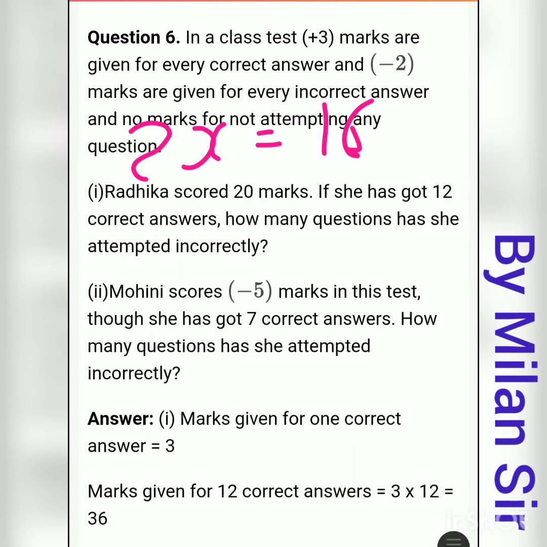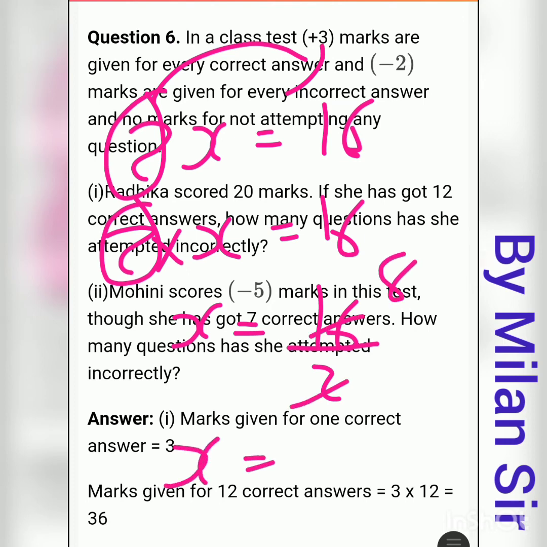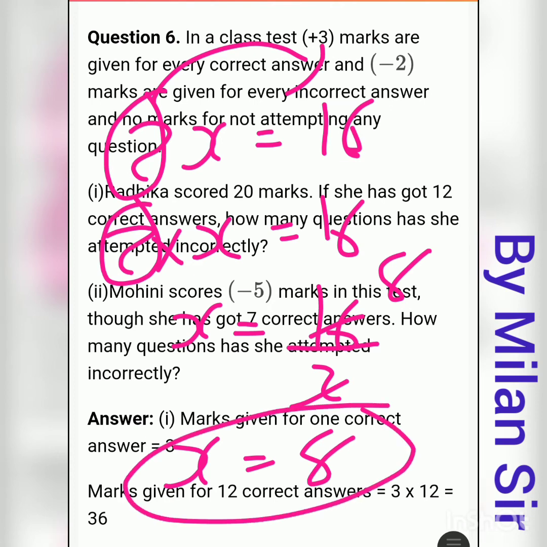Now for finding the value of x, we transfer this 2 to the right hand side. Right now 2x means 2 multiply x. If we transfer this multiply 2 to the right hand side, it goes to division. So finally 2 8s are 16, so our answer is 8. How many questions has she attempted incorrectly? 8 questions she attempted incorrectly.